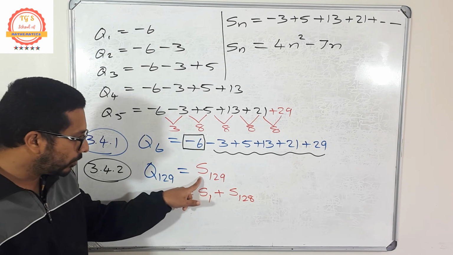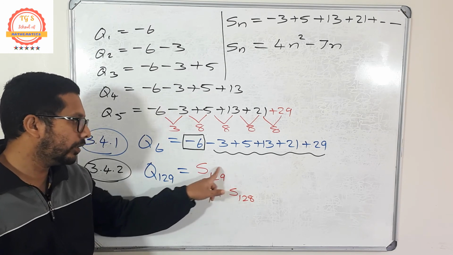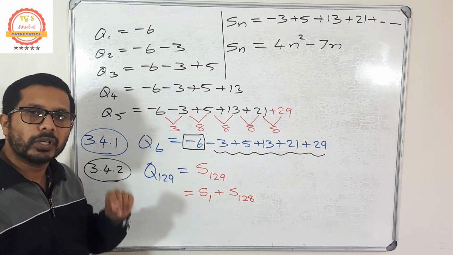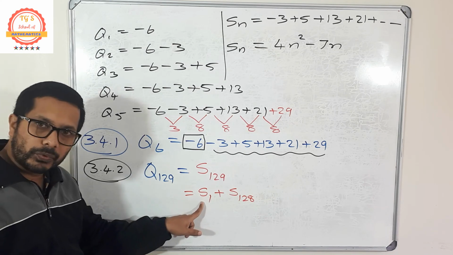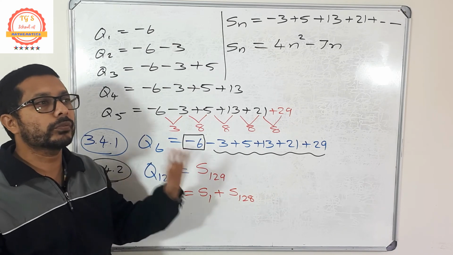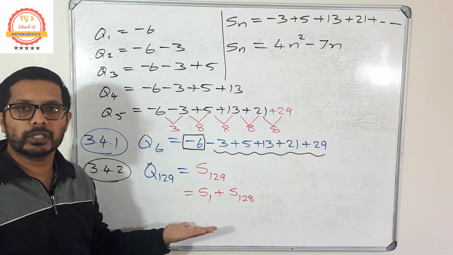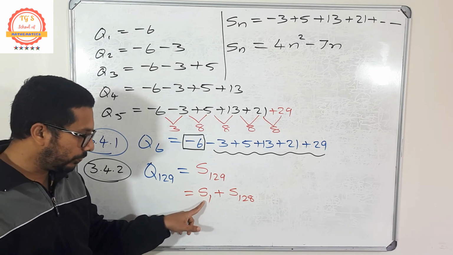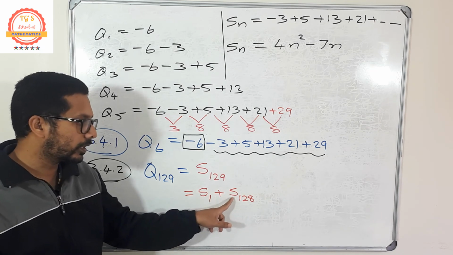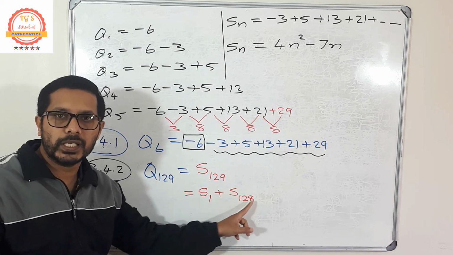We have to find the sum of the first 129 terms. So I split it like this: sum of the first term, which means the first term itself, there is nothing to add, plus sum of the remaining 128 terms.